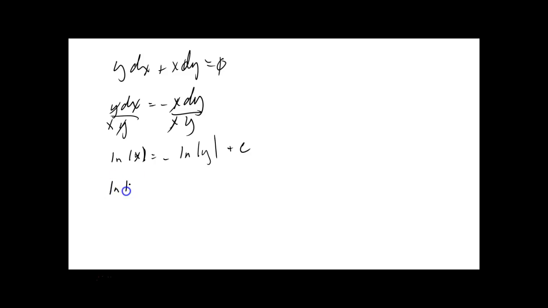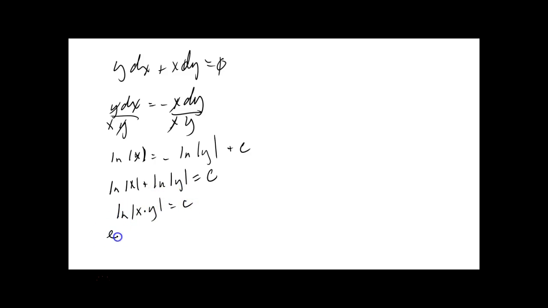And you can bring those back together and say the natural log of x plus the natural log of y is equal to c. This is the same as the natural log of x times y is equal to c.